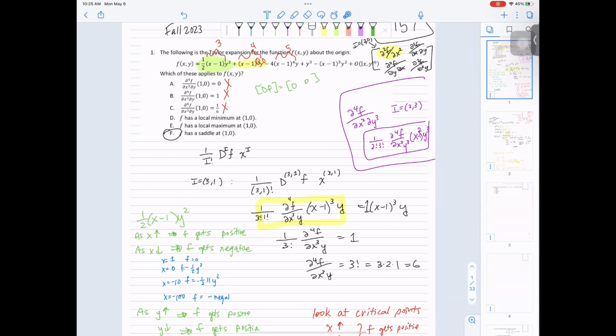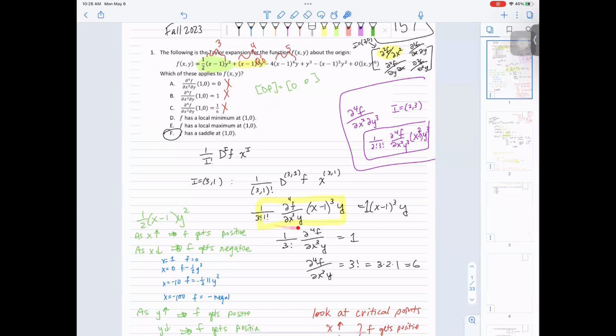In the Taylor series, an I of 3, 1 term is written as 1 over I factorial, the partial with 3, 1, and the variable with 3, 1, which means it's 1 over 3 factorial, 1 factorial. This D notation is the same as this partial notation, and variable to the 3, 1 is x minus 1 cubed, y to the 1.